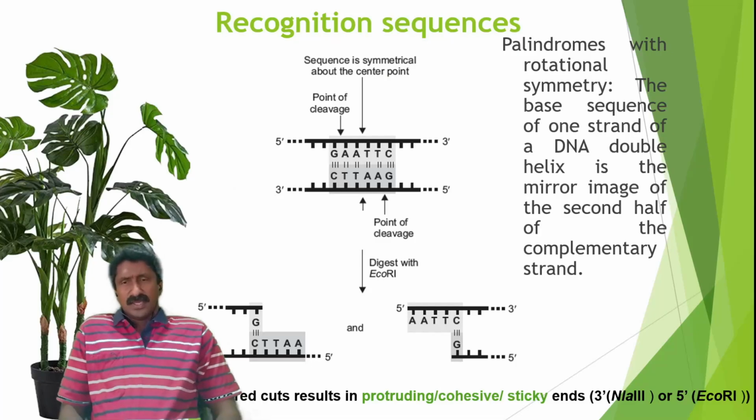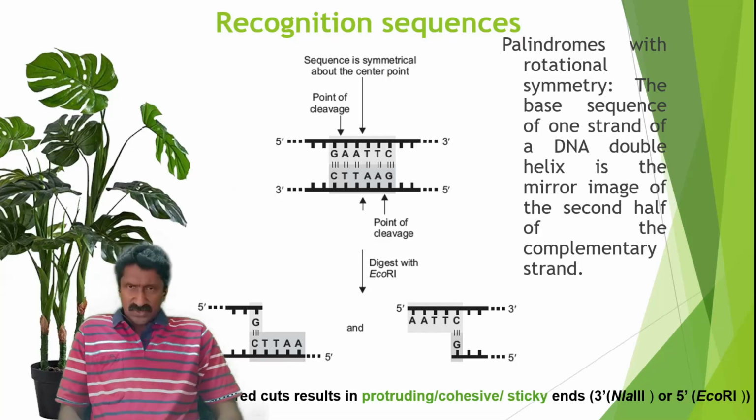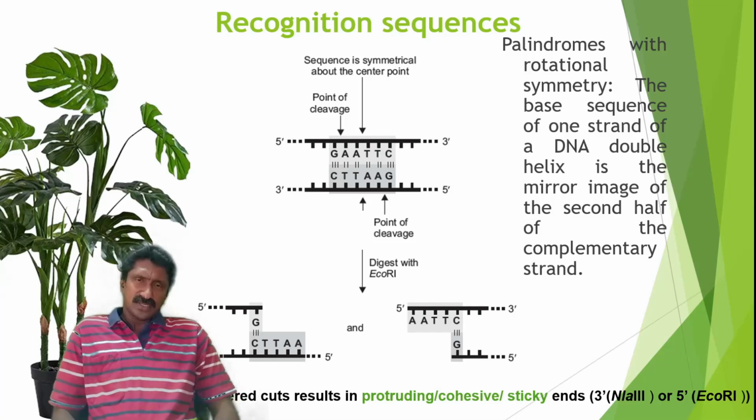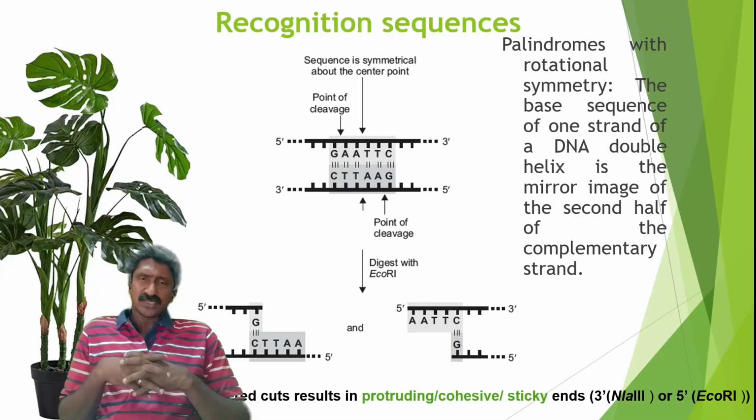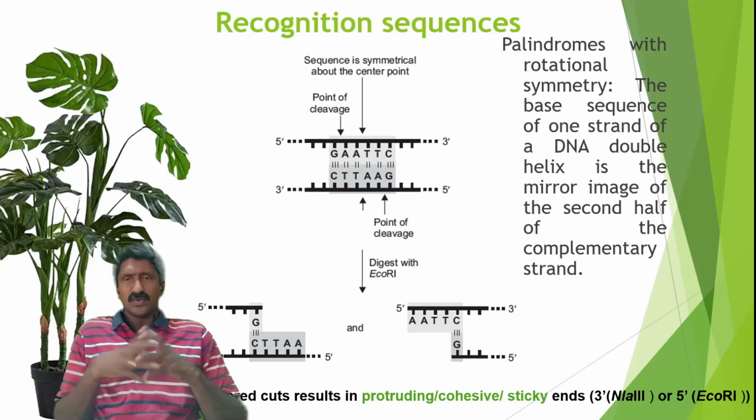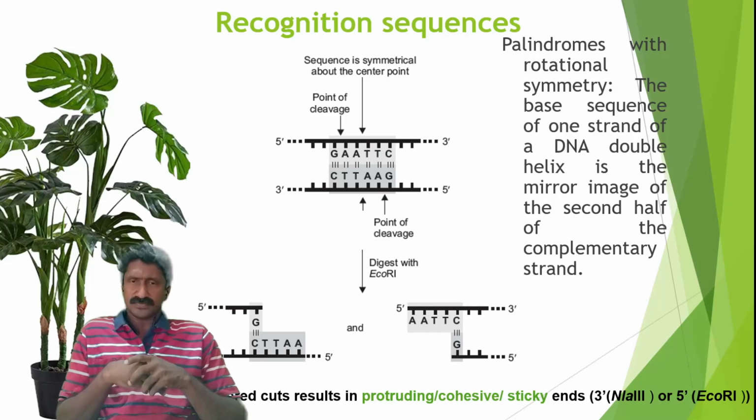Okay, here is the restriction sequence of the EcoRI enzyme, and you can see that palindromes with rotational symmetry are usually involved in such restriction sites. Palindromes, as you know, Malayalam is a palindrome. You can read it from both sides in the same manner.